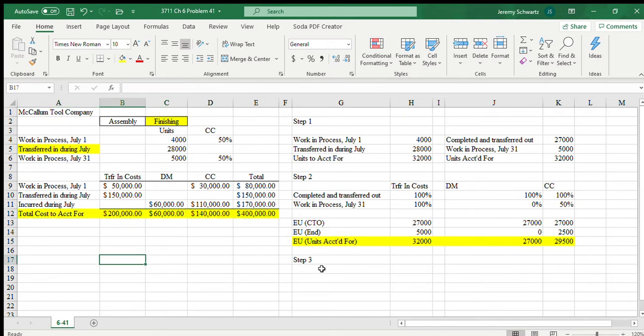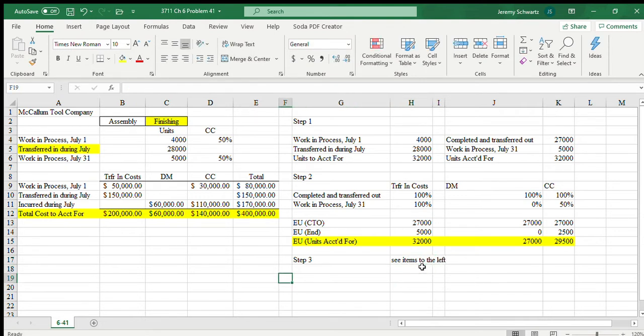So in step 3, if you've organized a spreadsheet as such where you're putting the items in, sometimes we have these two lines together, so costs that would be added during the accounting period. But essentially what we have in step 3, what I'd say is see items to the left.